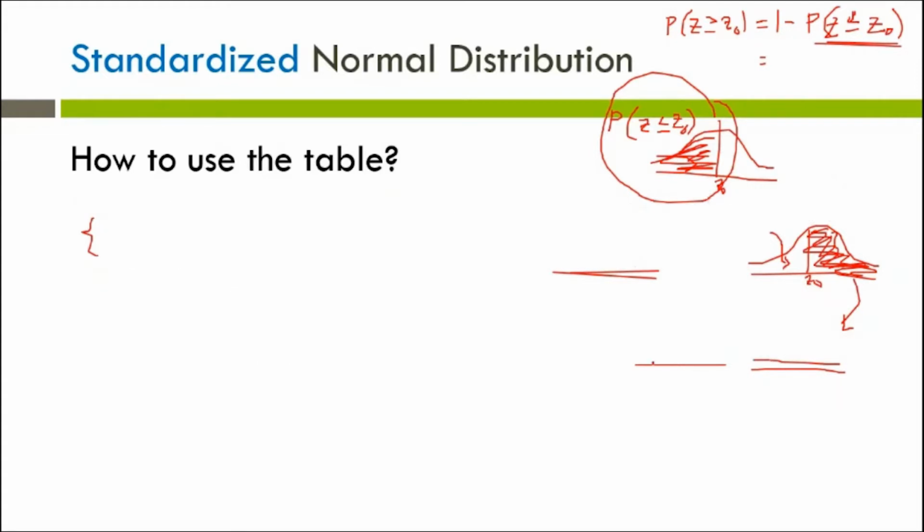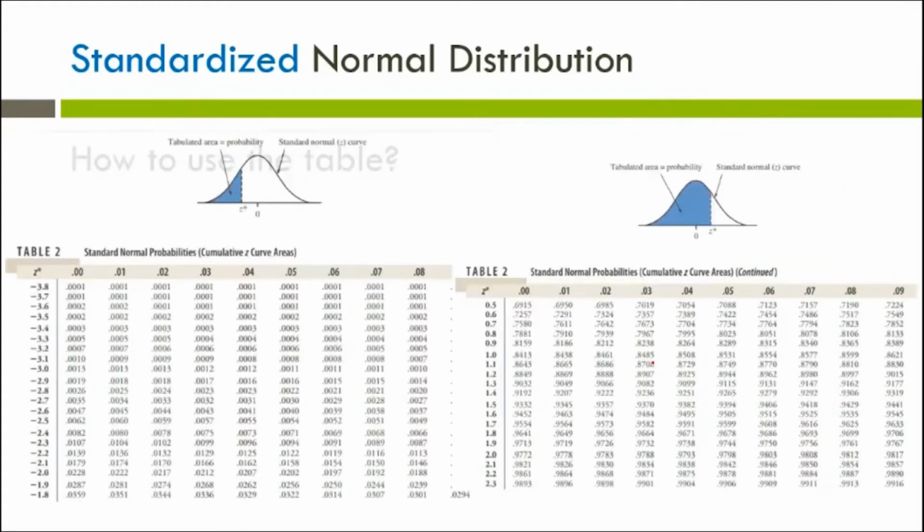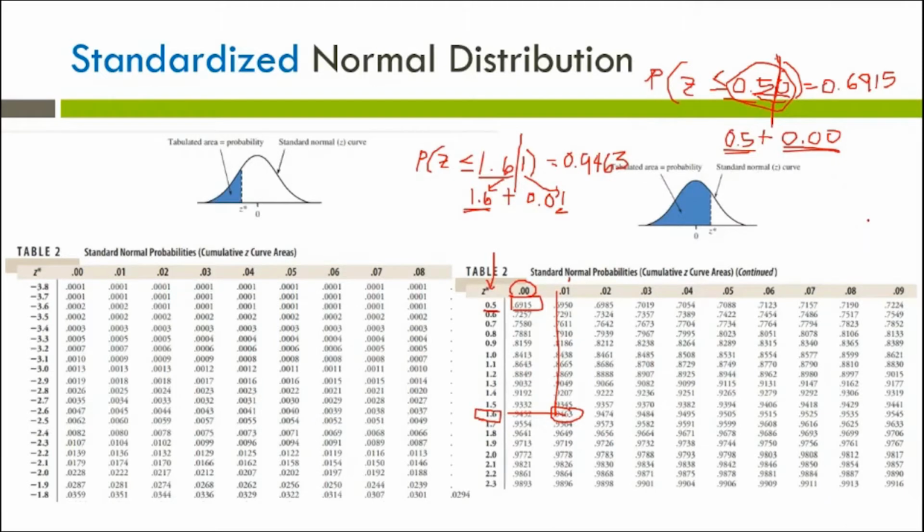An example would be like this. What if we're going to find the probability of z greater than or equal to, say, 1.15? That would be 1 minus the probability of z less than 1.15.